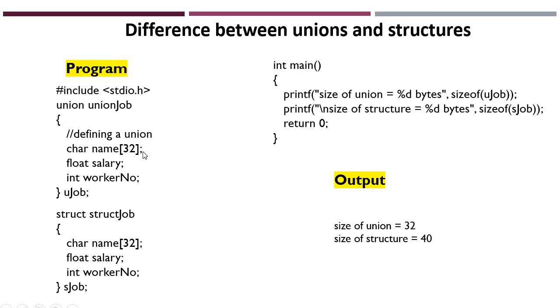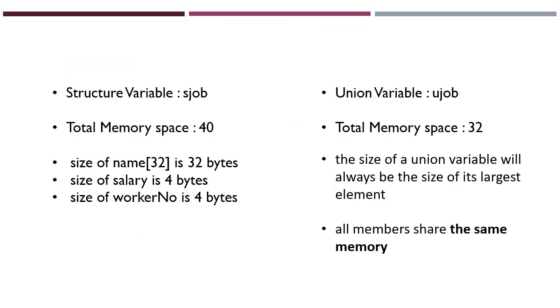This 32 bytes of memory will be shared by the character, float and integer. Whereas in the structure, each and every member has an individual memory, and that variable has to use that particular memory only. So this is the difference.